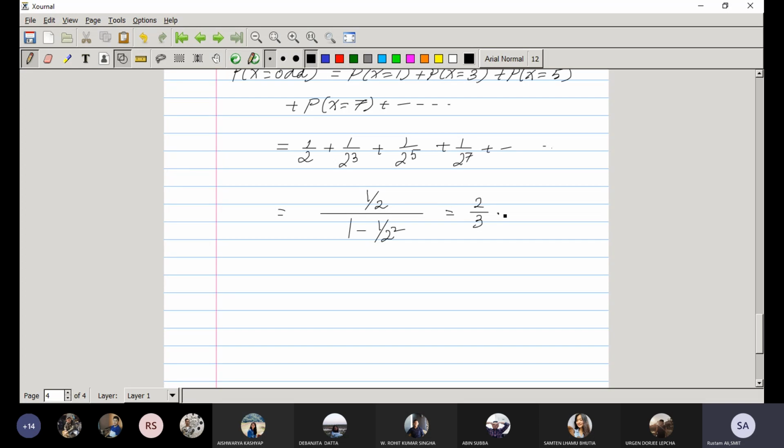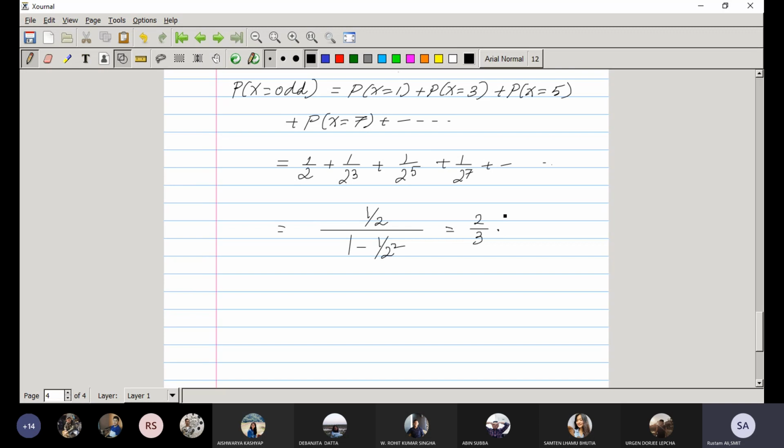Now see, this can also be obtained in another way. If we are doing this experiment, either x will take the even value or x will take the odd value, there are only two possibilities. So they are complements of each other.